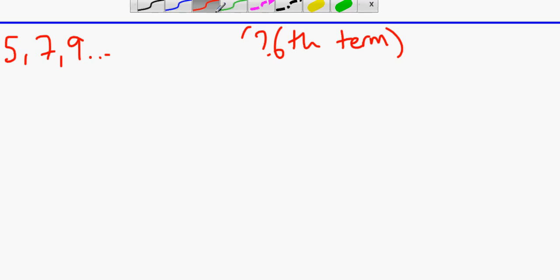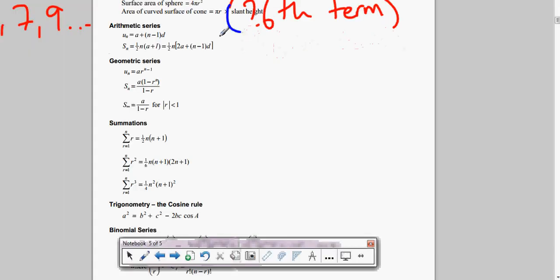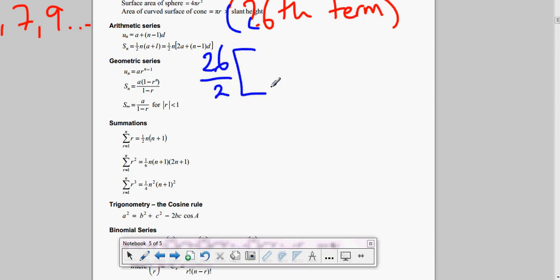Right, let's get started. First things first, we write it down, and then we substitute n for 26 because there are 26 terms. So 26 over 2, bracket 2 times a.